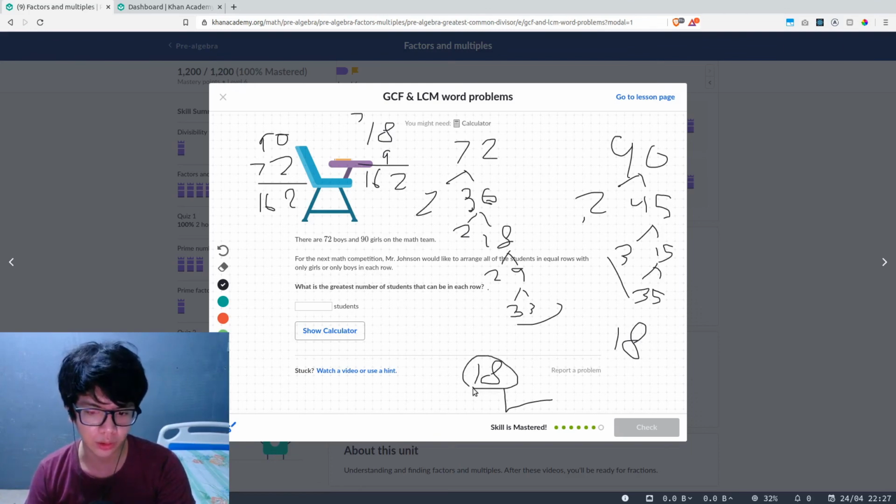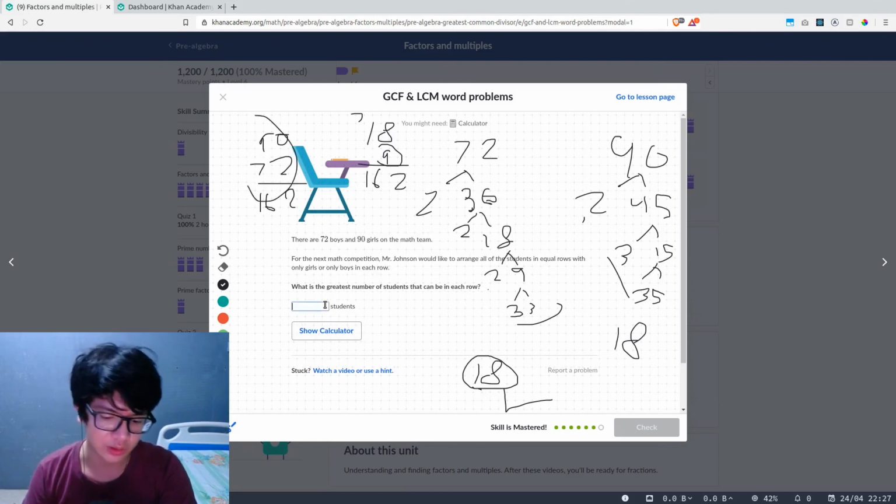There would be 18 rows, and in each row there would be 9 students. Oh, 9 since I added them together. And 9 students for each row.